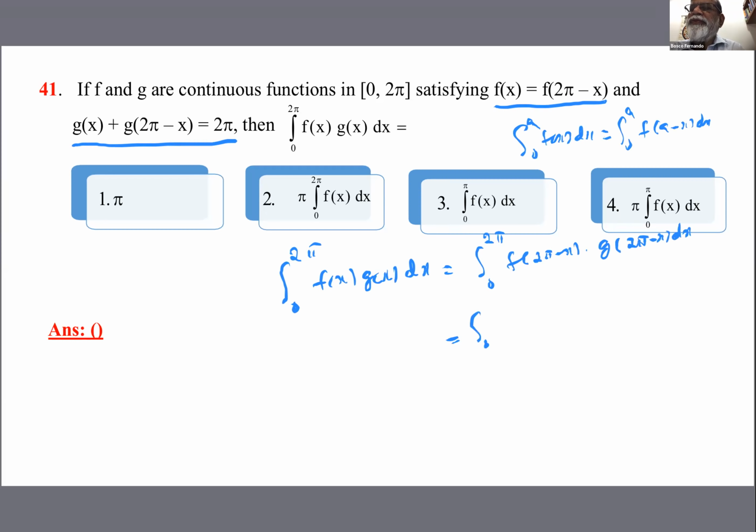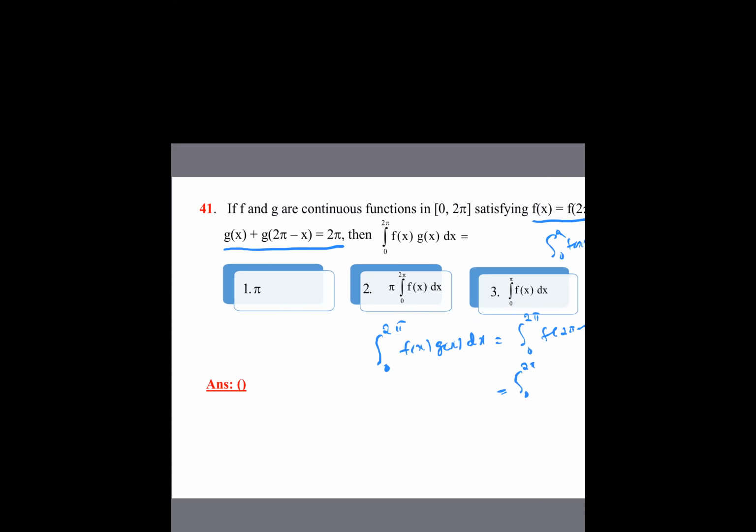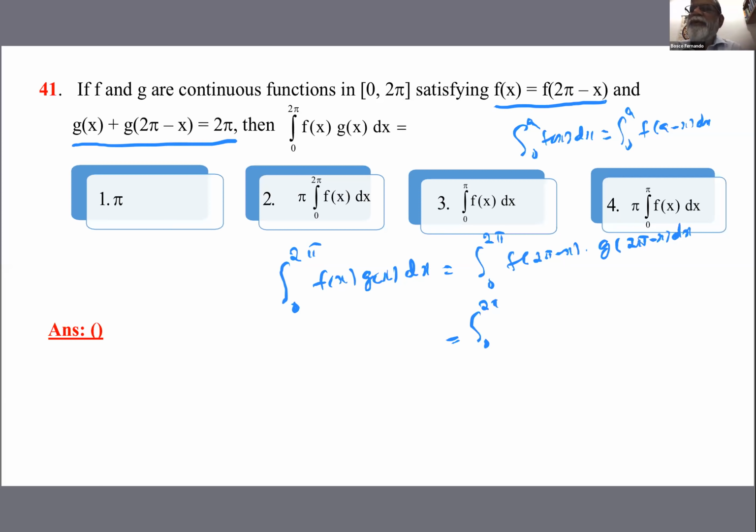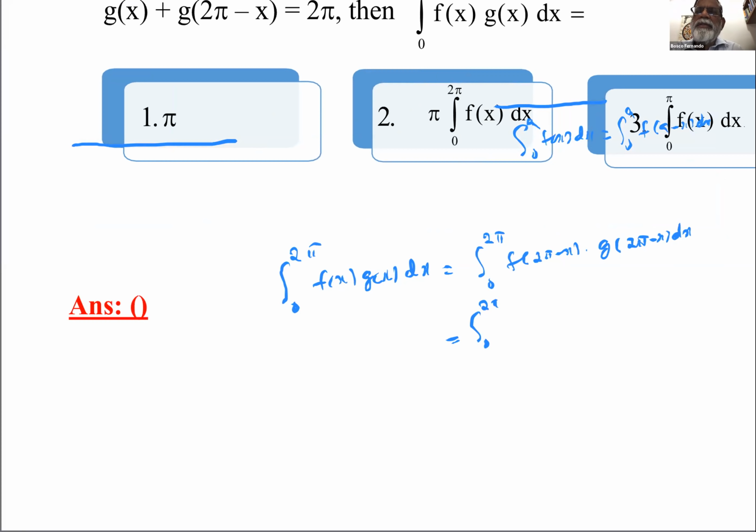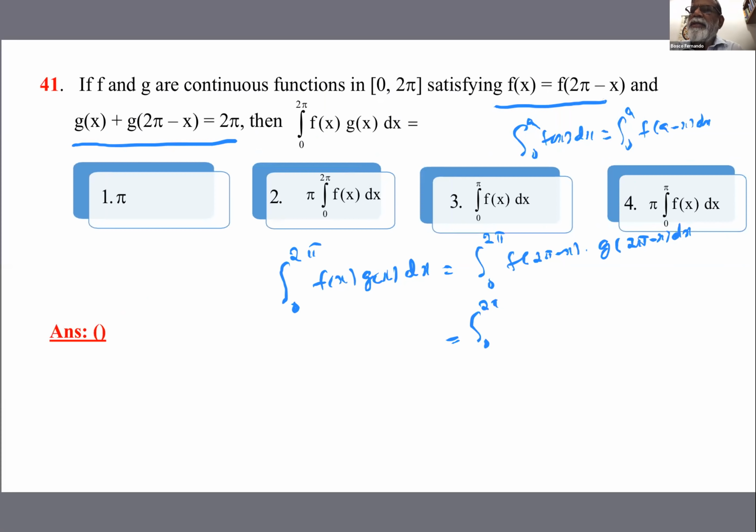Now f of 2 pi minus x is f of x. G of 2 pi minus x is 2 pi minus g of x.